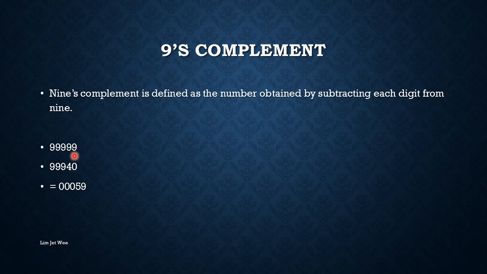So I subtract and get 9 minus 9 is 0, 0, 0, then 9 minus 4 is 5, and 9 minus 0 is 9. I end up with the answer 00059, if I follow the 9's complement rules in your question.